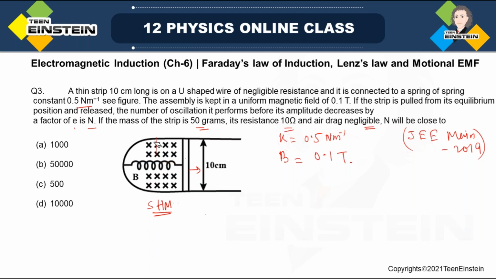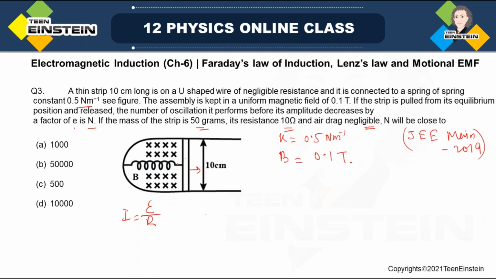In this way the flux linked will be changing, and whenever there is a change in the flux, there will be an induced EMF, and divided by R, there will be a current also. There will be an induced current passing through this strip. This is a thin metallic strip, so current will flow in this.